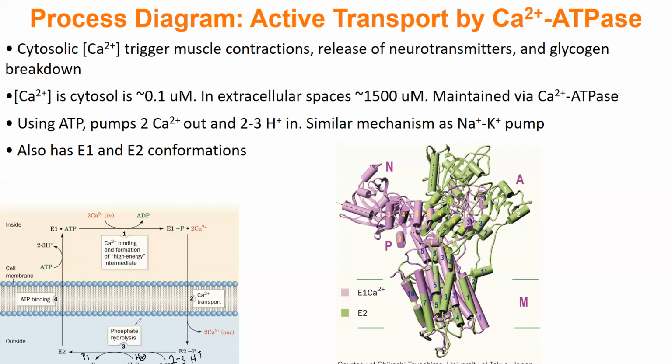And again, it's a very similar mechanism. Even though this picture on the bottom left is showing arrows moving, here's the protein inside and this is the membrane where the M is. This thing isn't moving. It's just changing conformations between E1 and E2, which is shown here. E1's in purple, E2's in green.